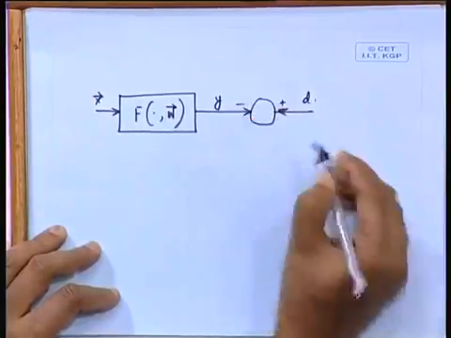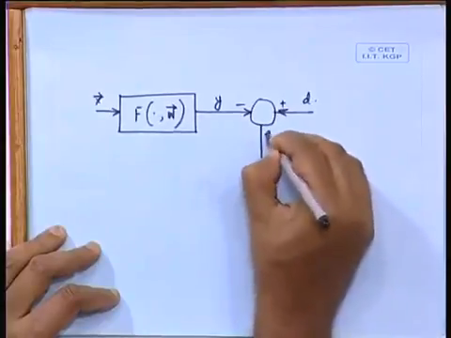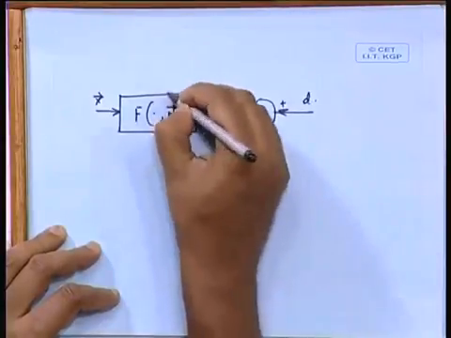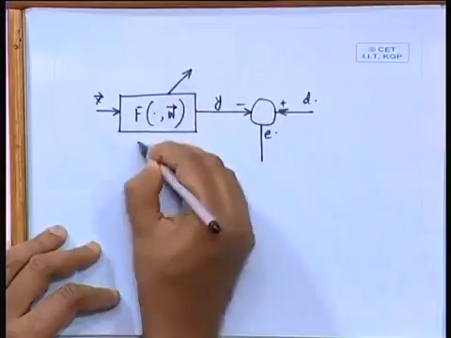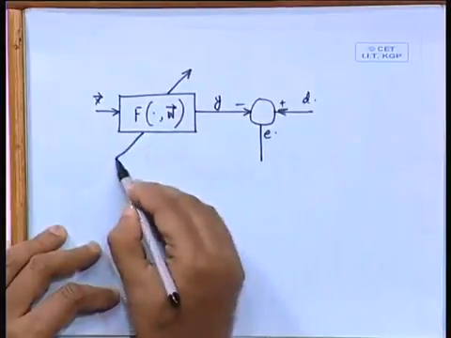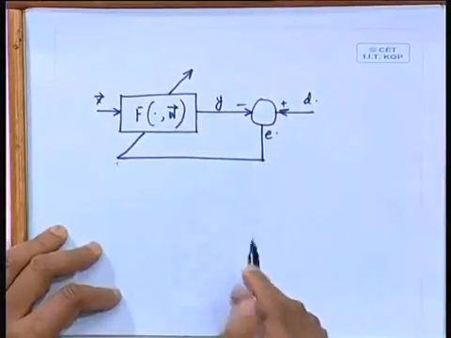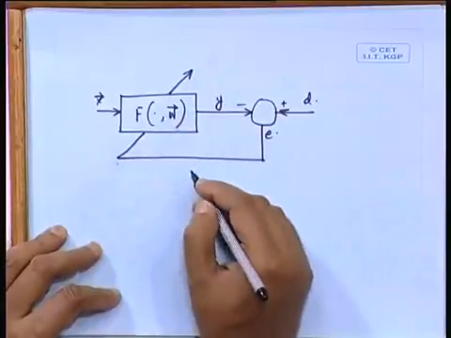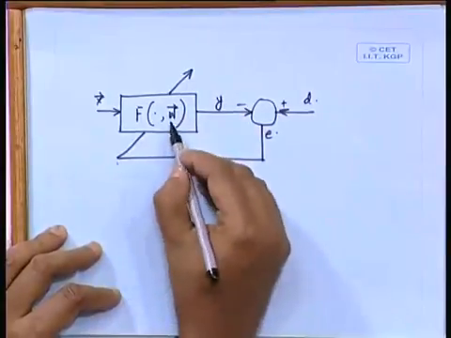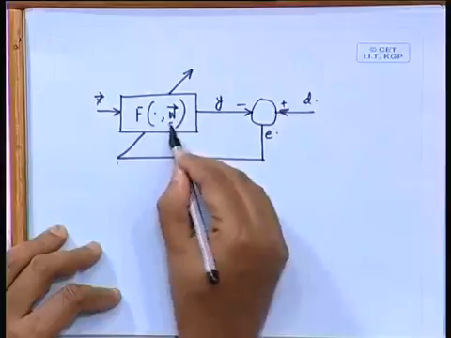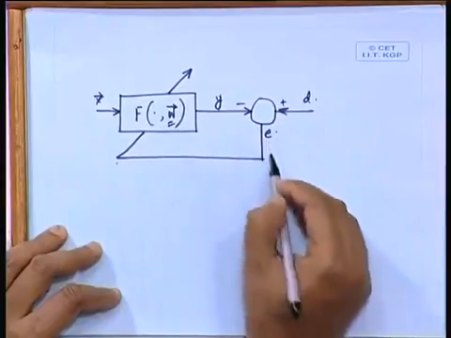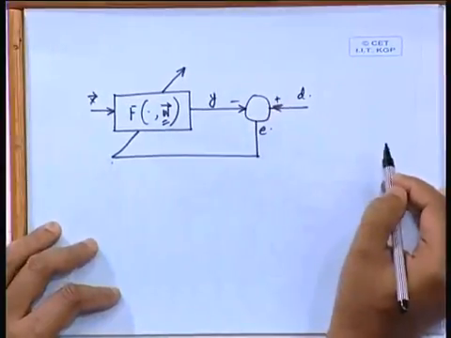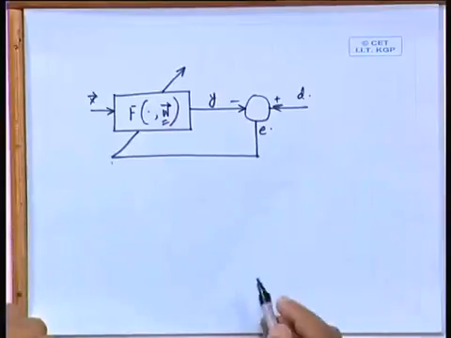Plus this, minus that, and this is the error, and we show it pictorially as follows. The way of showing this indicates that we are going to adjust the weight vector w in accordance with this error e.